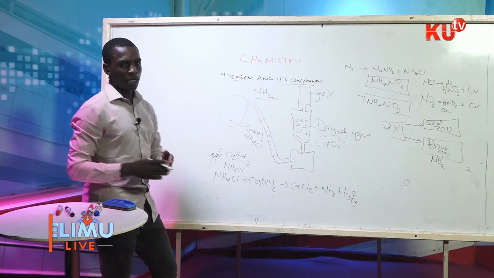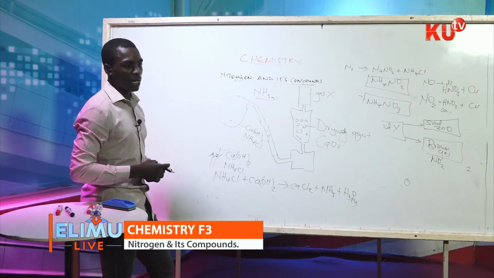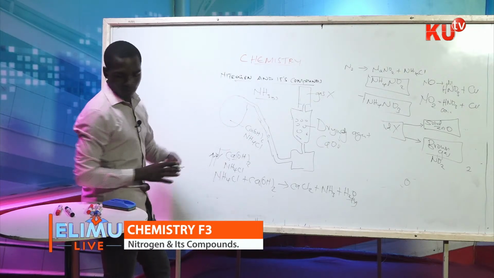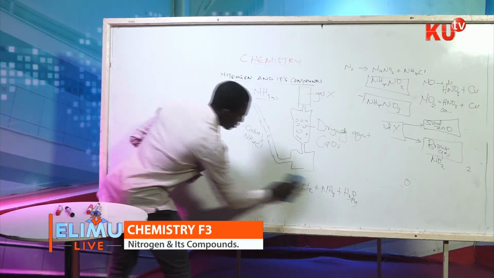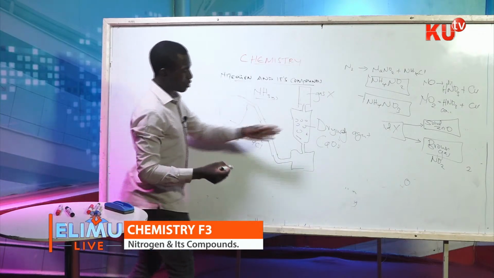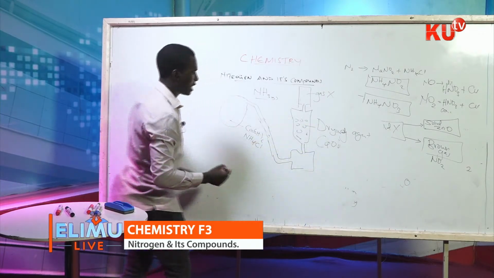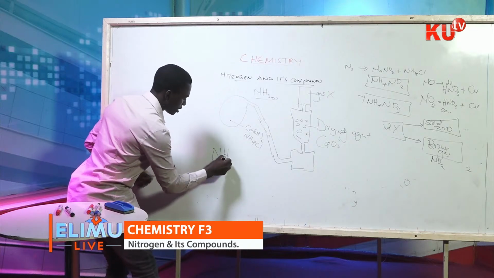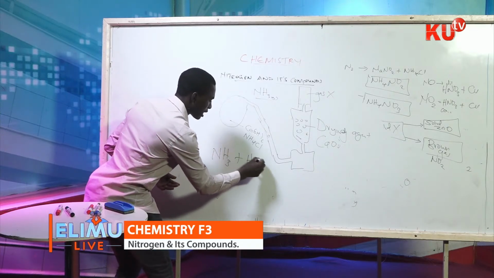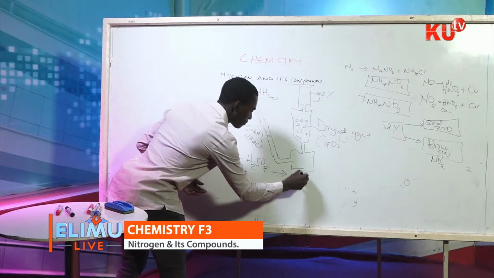The reason why you don't use other drying agents like sulfuric acid and anhydrous calcium chloride is because they will form compounds. For example, if we used concentrated sulfuric acid as a drying agent here, then the ammonia would react with sulfuric acid to form ammonium sulfate.